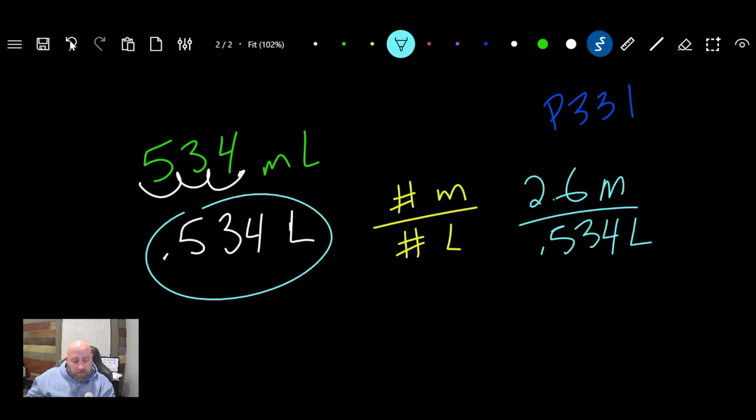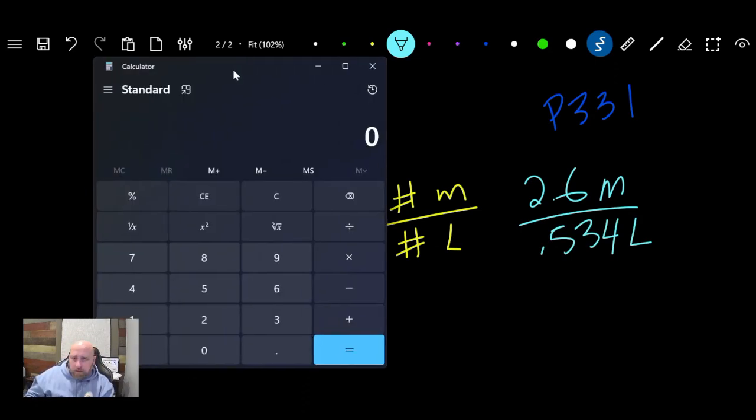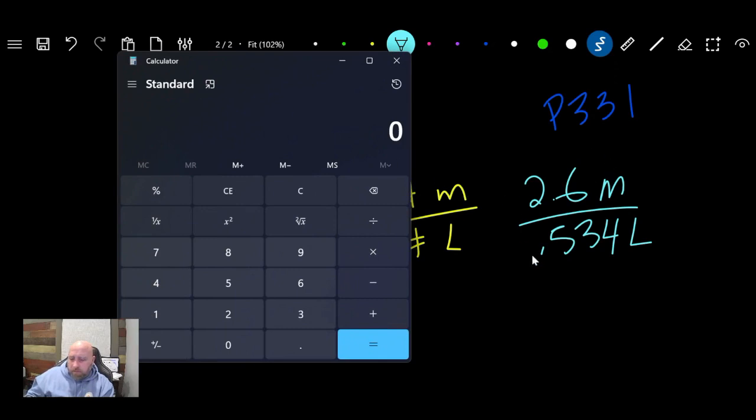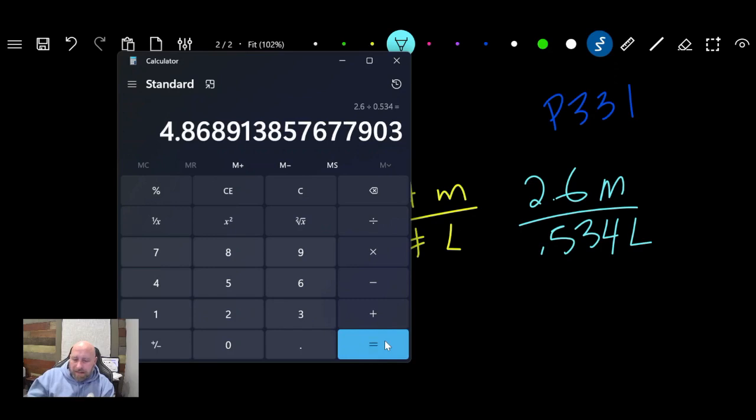Now all we have to do is this division problem. So here's my calculator: 2.6 moles divided by 0.534 liters, and that's going to give us 4.87.